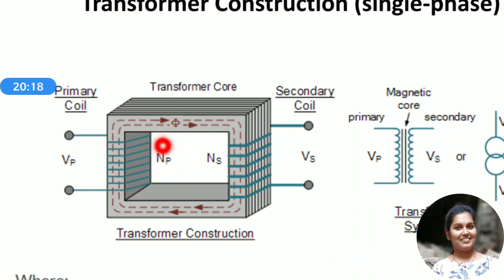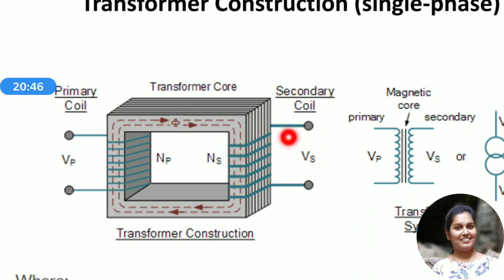This winding is called the primary winding or primary coil, and the voltage developed across it is called VP, the primary voltage, and the number of turns for the primary is called NP. NP is nothing but the number of primary windings. On the right side of the core, we see another winding, and a voltage will be developed on the secondary side.